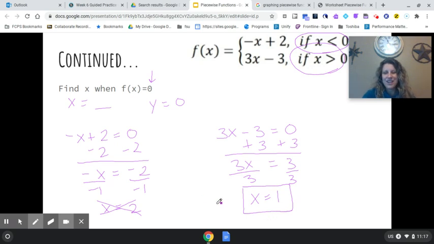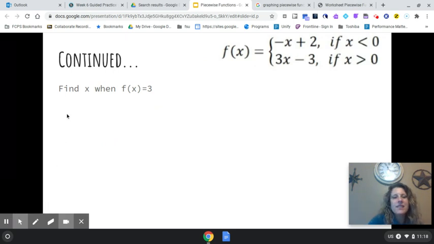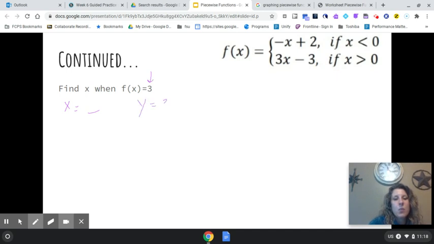Let's take a look at another one of those. Okay, this example, again, we're finding x. So we want to know, what does x equal if the output is 3, or in other words, the y value is 3. All right, let's substitute it into that first equation.